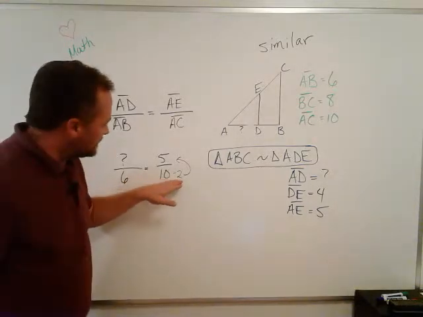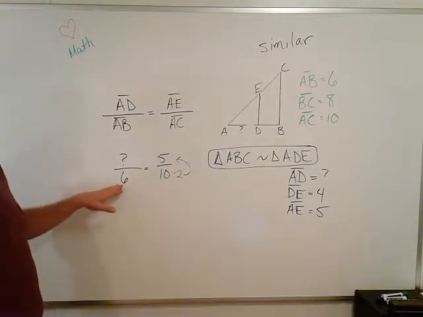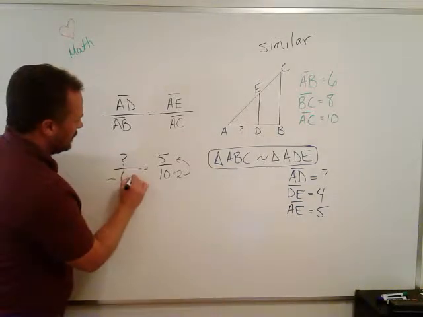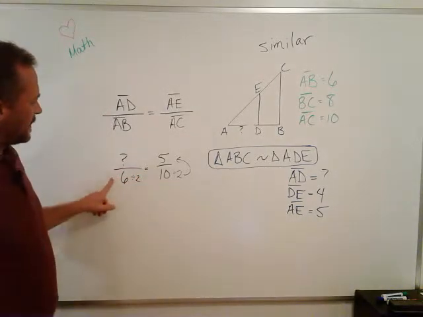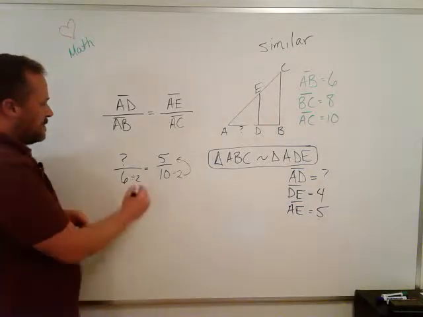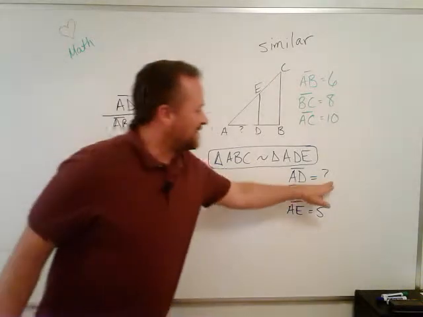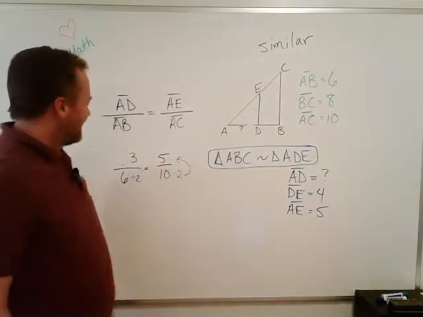Now, if I divide this side by 2, I have to divide this part by 2 as well. What is 6 divided by 2? 3, right? Is that what we had at first? You remember before I erased it? Yeah, that works.